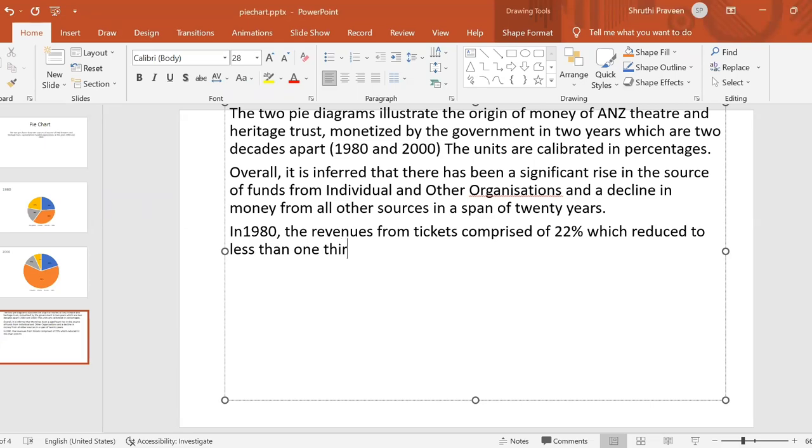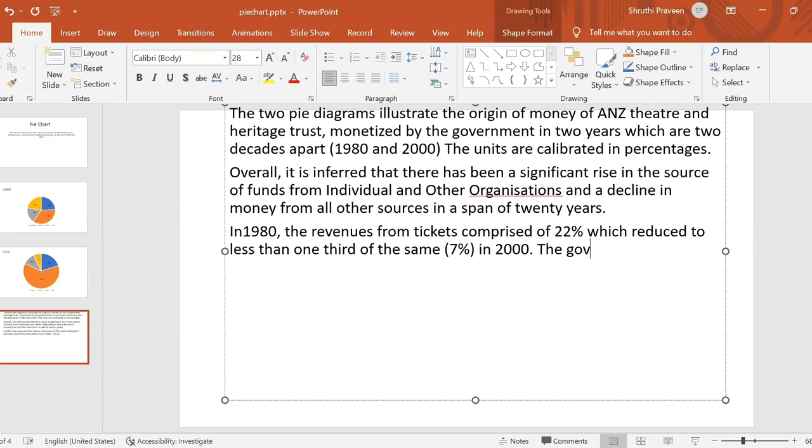Okay. So one third of the same, and maybe you can write what this one third is. Less than one third is 7% in 2000. In 1980, the revenues from tickets comprised of 22%, which reduced to less than one third of the same in 2000.